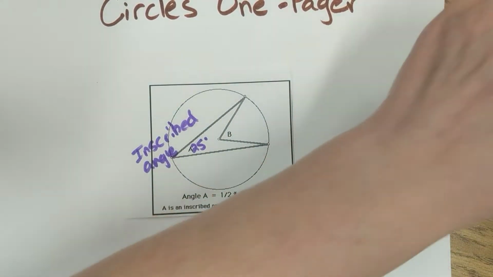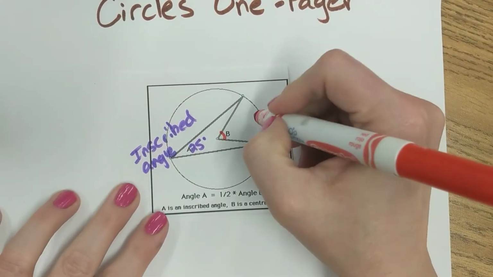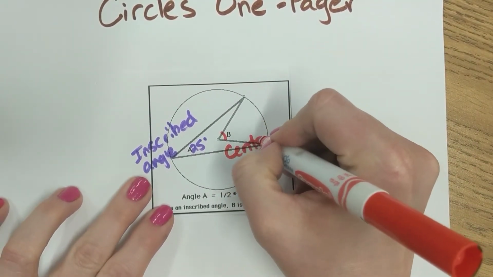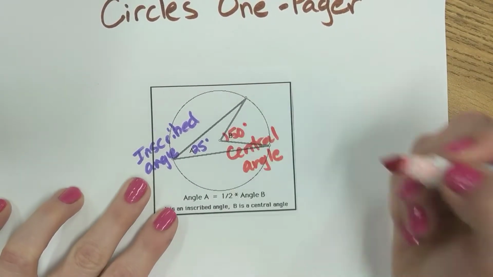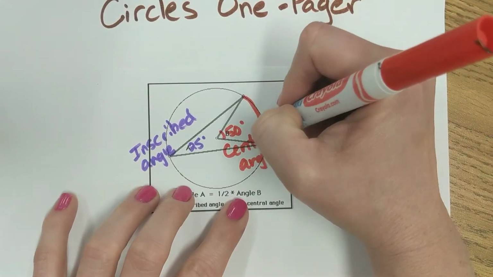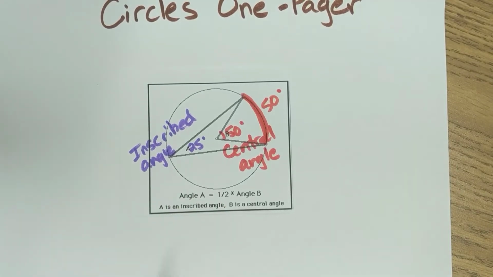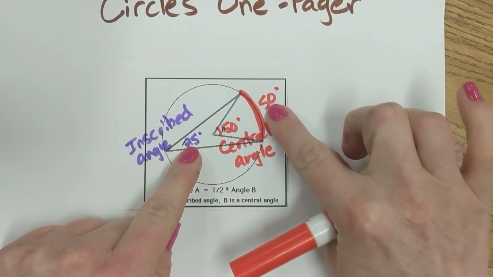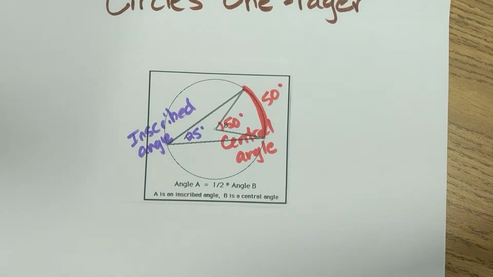Then you would know that the angle here, which is called the central angle, is 50 degrees. And you also know that the arc right here is also 50 degrees. So the inscribed angle is always half the arc, and the central angle is always equal to the arc. That's the first rule, and it's probably the most important one.